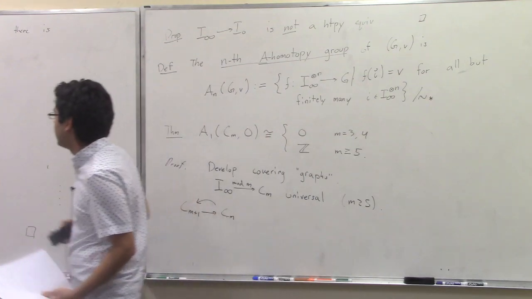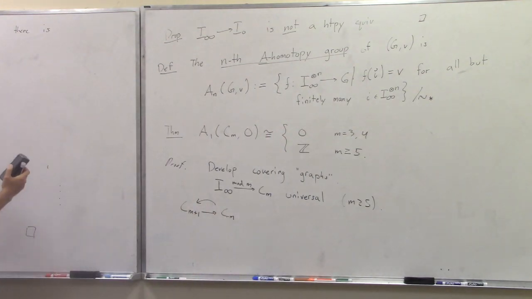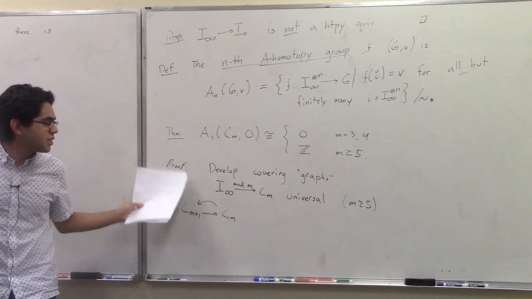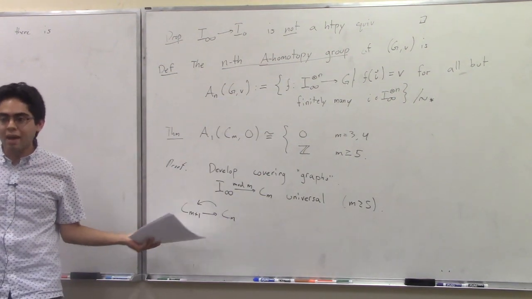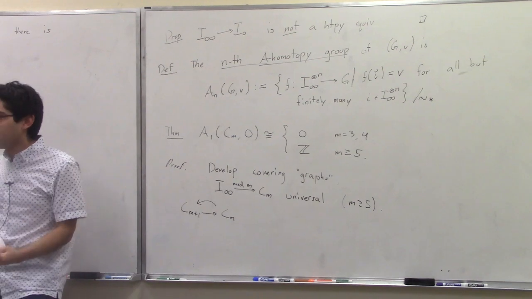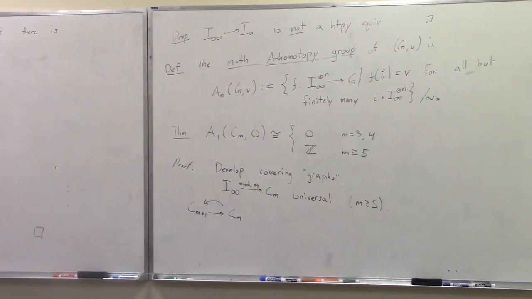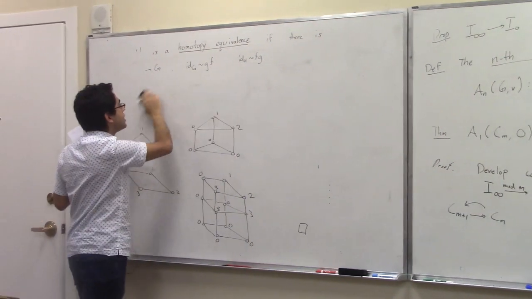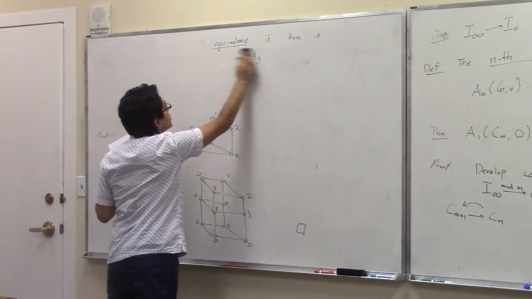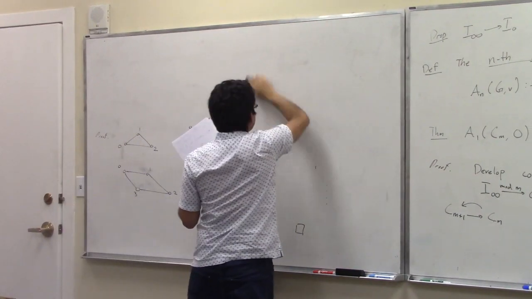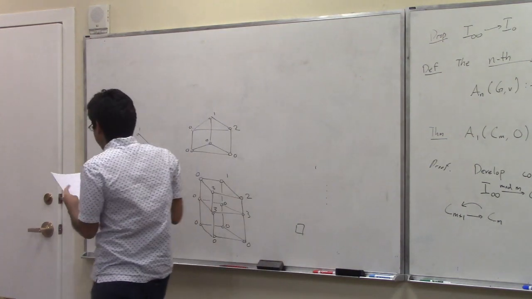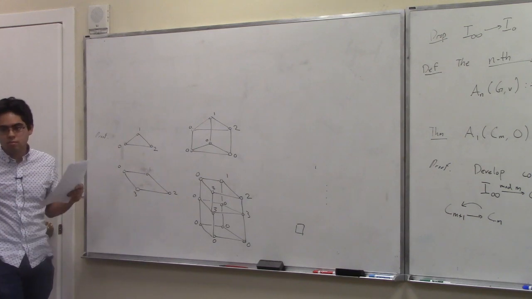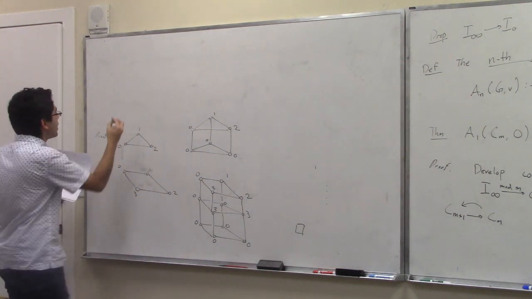But in any case, now you want to be able to compute these homotopy groups of graphs. And so one thing that would be useful is, can I construct a space whose regular topological homotopy groups are the A homotopy groups of my graph, right?